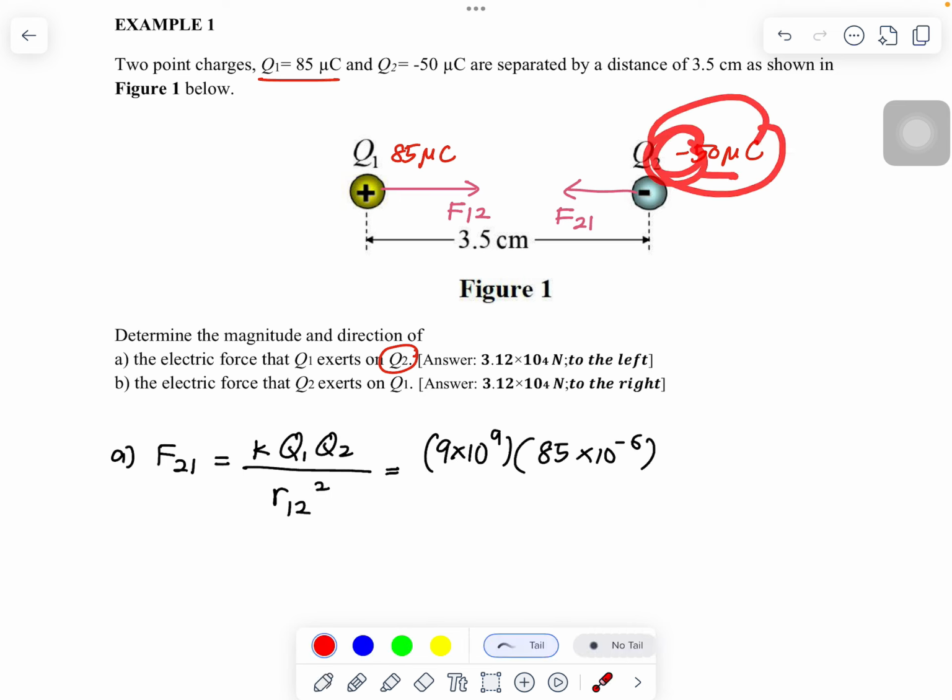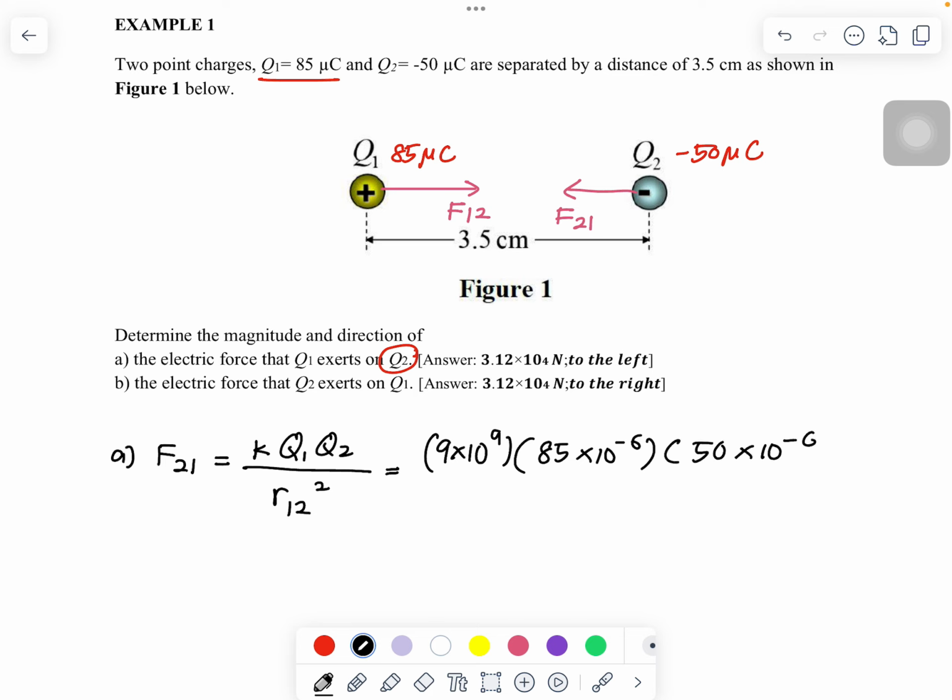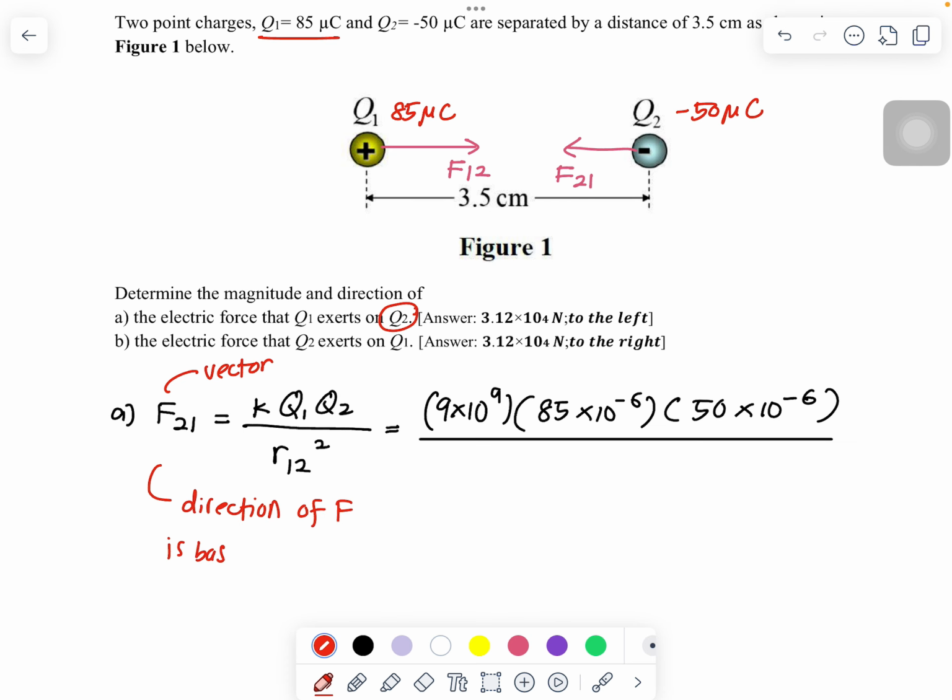So negatif ni jangan masukkan. Okay, we don't need to include. Kenapa kita tidak perlu include? Because F is a vector quantity. So direction of F is based on diagram. Dia bukan based on negatif positif ni, dia based on diagram. Okay, so diagram ni that's why lah wajib untuk kamu lukis.